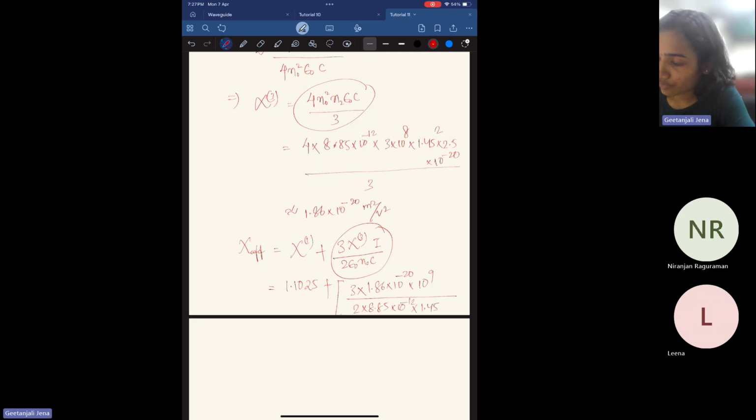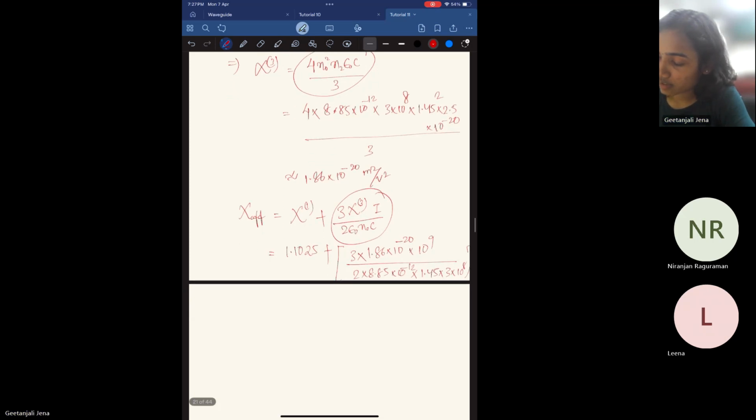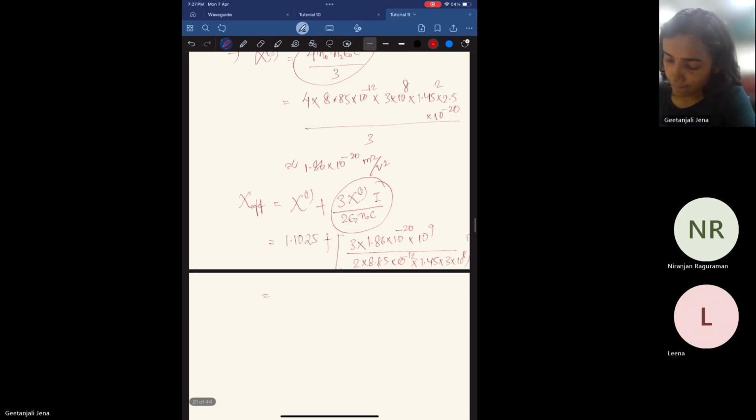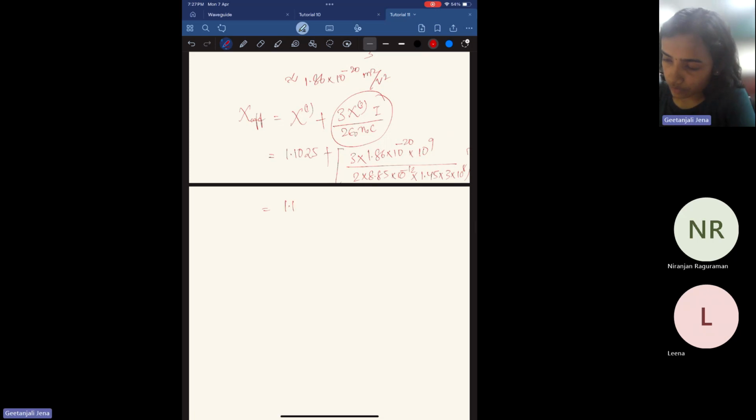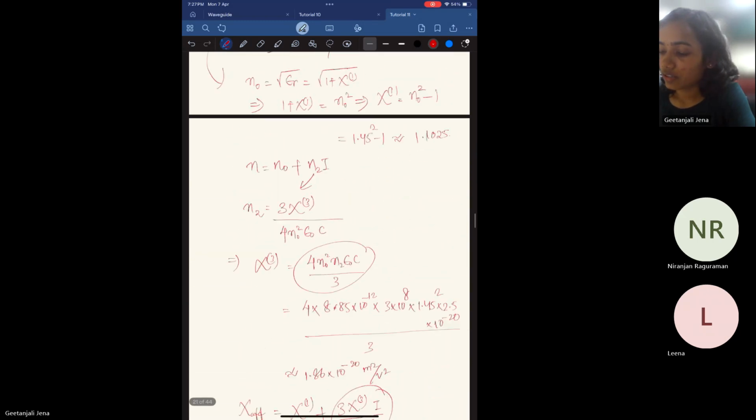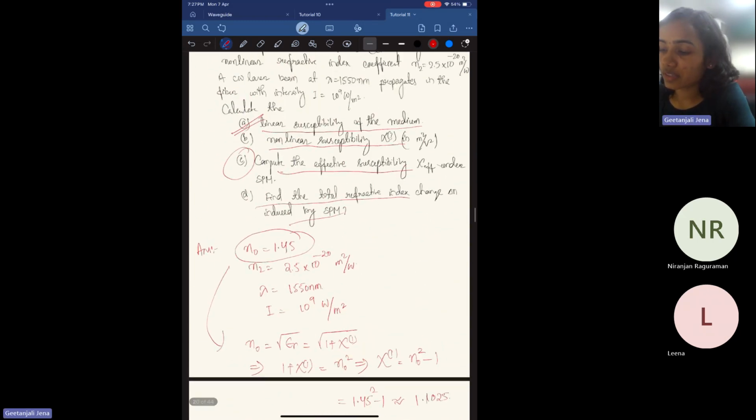N0 is 1.45 and we have 3 into 10 to the 8. So this will give 1.1025 plus 0.0725 into 10 to the minus 7, which is almost equal to 1.1025. So this is the effective susceptibility.